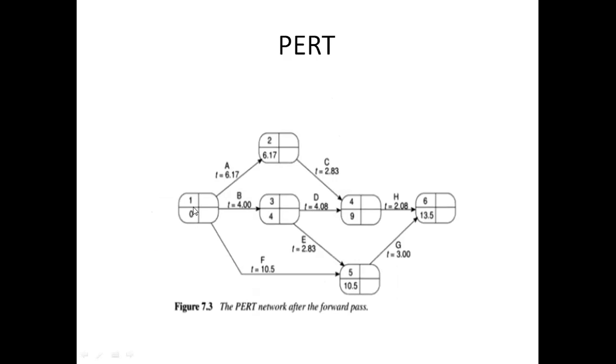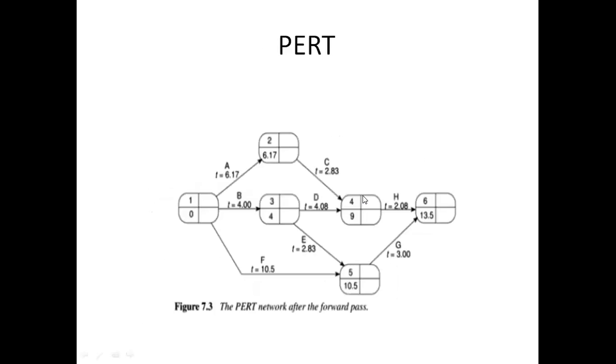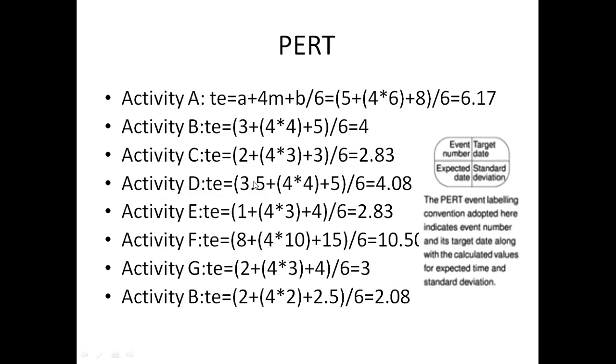This is first: 1, 2, 3, 4, 5, 6. From this table, we calculate the optimistic A value, most likely M value, and pessimistic B value, and substitute them in the above formula. We get the values here.